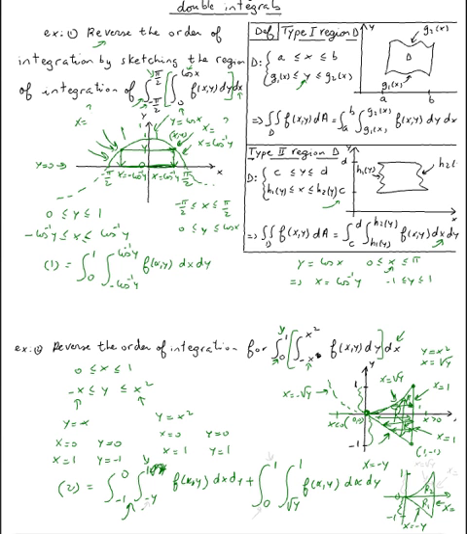Right? And then we went from 0 to 1, from this to that, and then the y went from, this is x equal square root of y, and this is x equal 1. And that's it for these two examples.